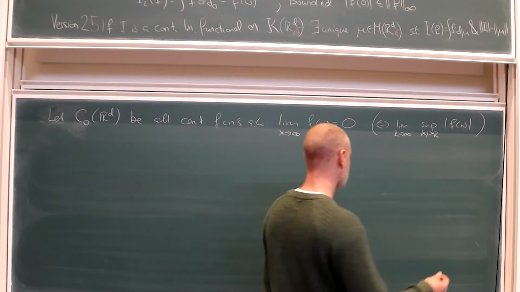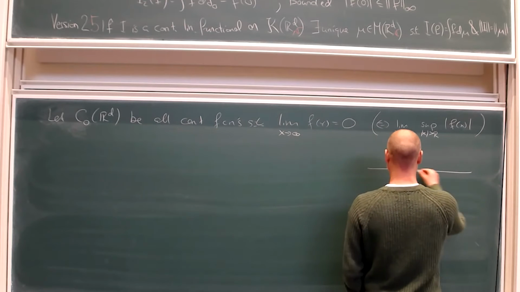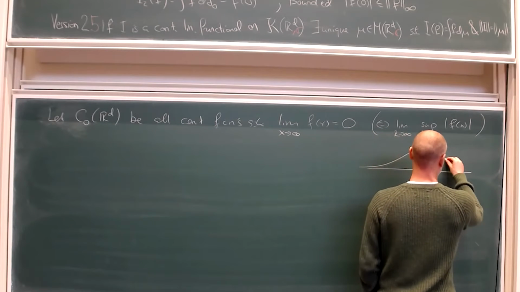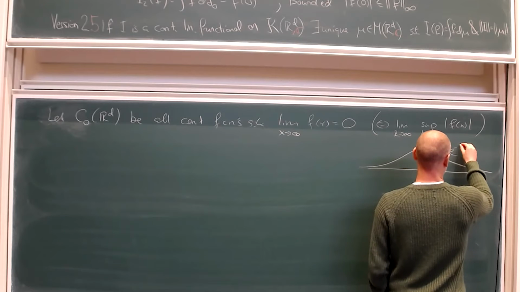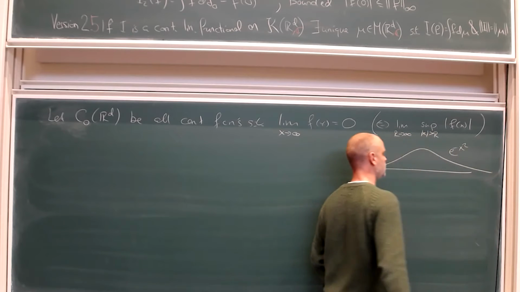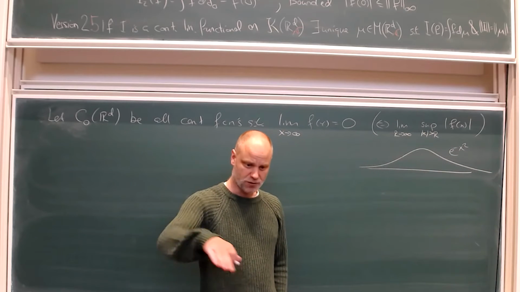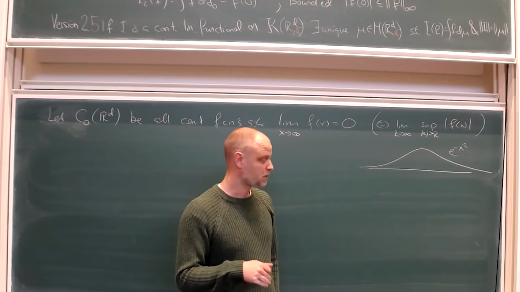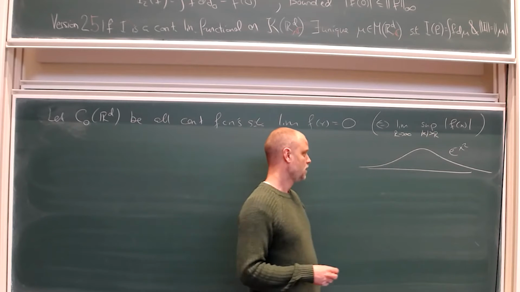Now, if you have a function, let's do it on the real line. So you have a function like this. So a typical example could be the Gaussian e to the minus x squared. It goes to 0, but then very fast, but it never reaches 0.